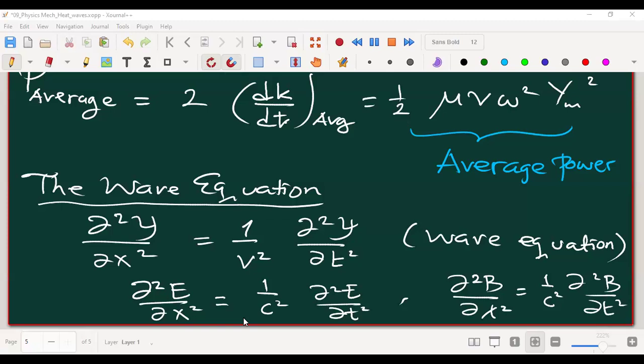Okay, the energy and then power, we have derived before. And then the wave equation.